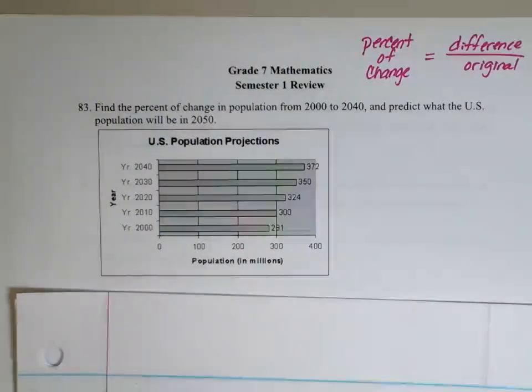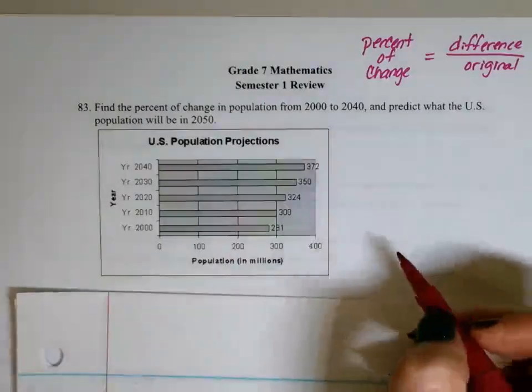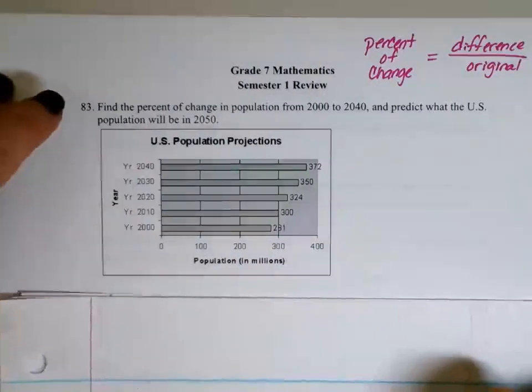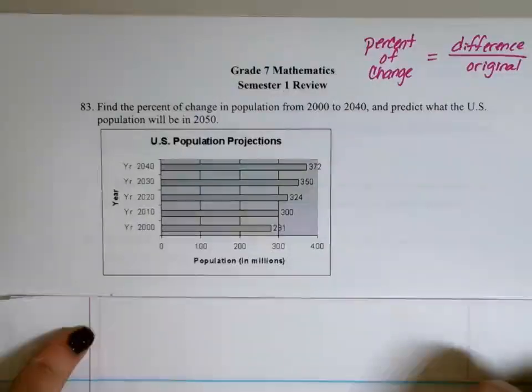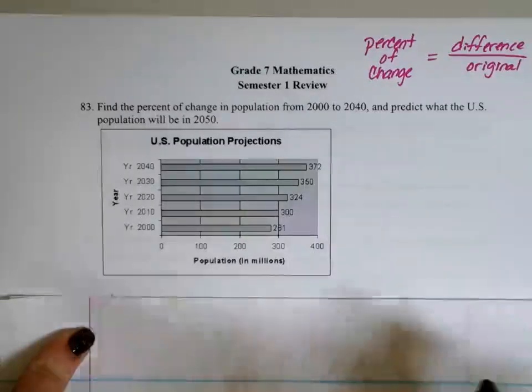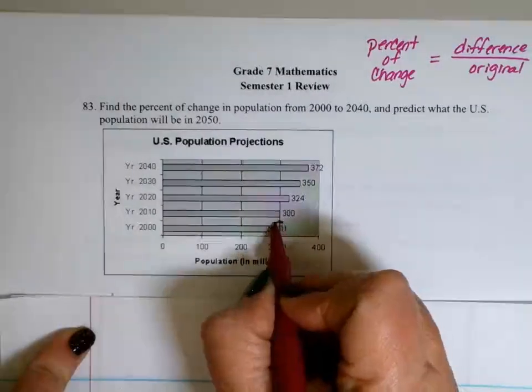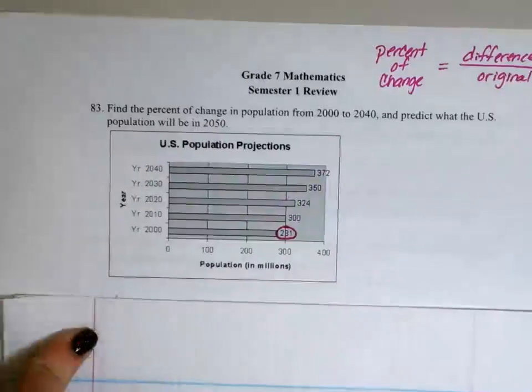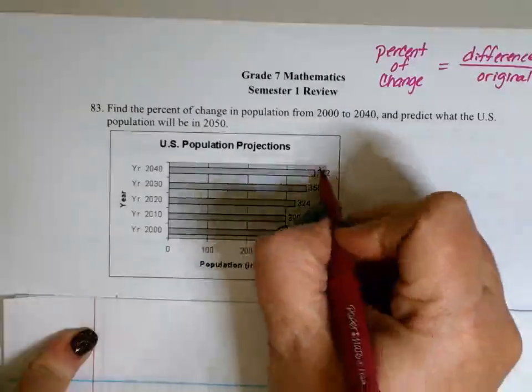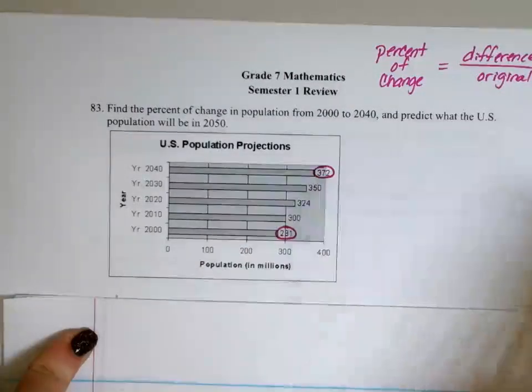So, what is my amount for the year 2000? 281. And what was my amount for 2040? 372. So let's plug that in.